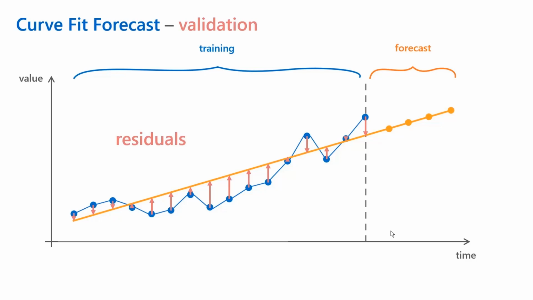So to get an overall idea of how well the model fits, I can square those residuals, add them together, and then take the square root of that sum. This final number is a metric called RMSE, and it really is just a number that tells us how well the model fits the data. In the example here, the line doesn't match the data very well.